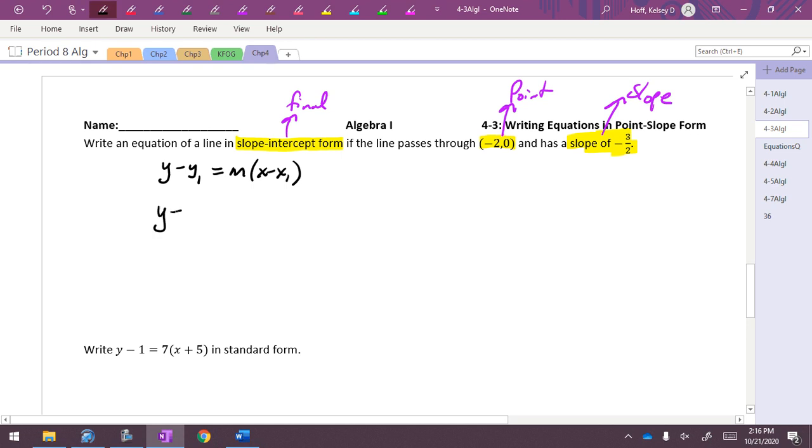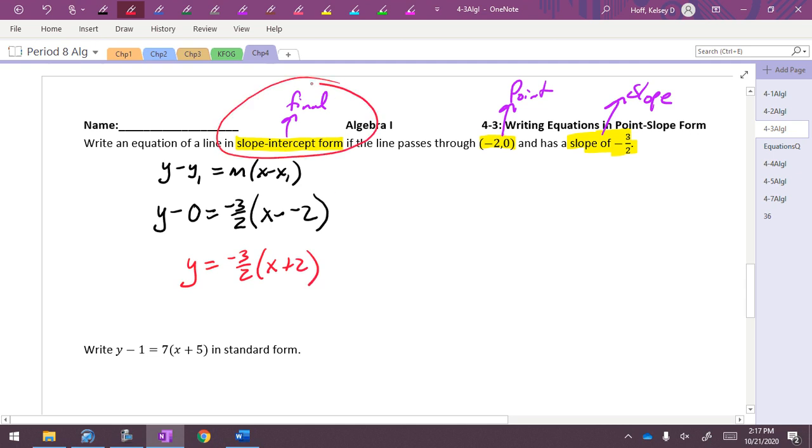Y minus 0 equals -3/2 times x minus -2, right? One thing I need to take care of right away, it should really be addition. What else is something I could take care of right away? What's y minus 0? Y. So really this could be y equals -3/2 times x plus 2.